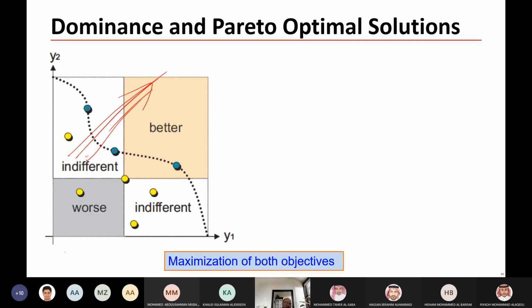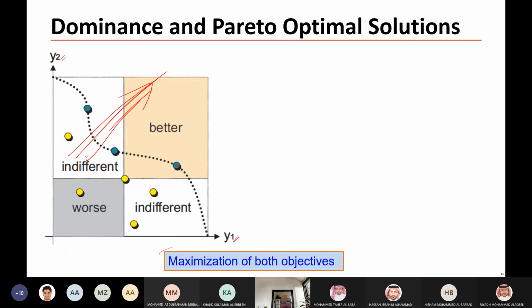These are non-dominated solutions. So how many solutions does this solution cover? Can anybody tell us how many solutions are covered by this one? This is the maximization problem, and if the objectives are y1 and y2, the higher the objective, the better the solution.